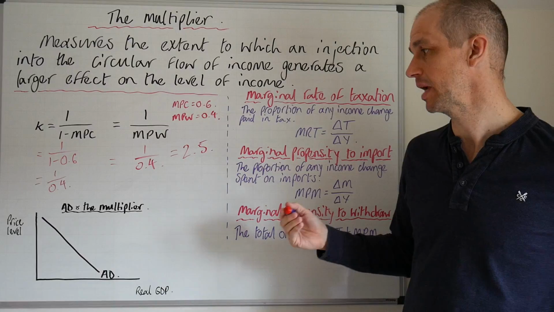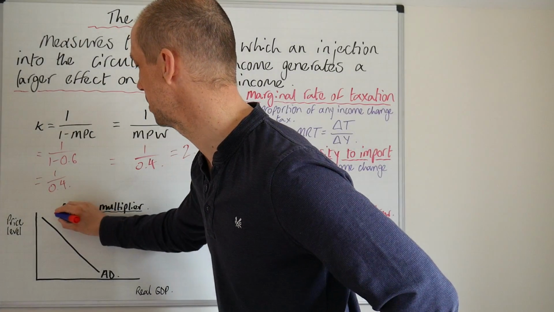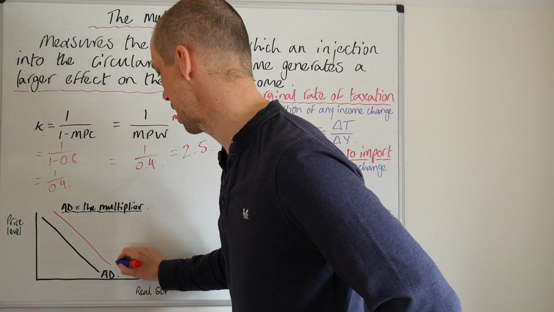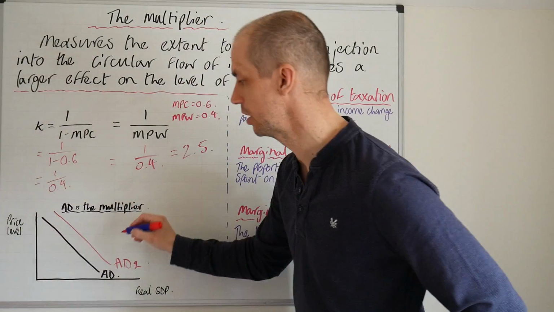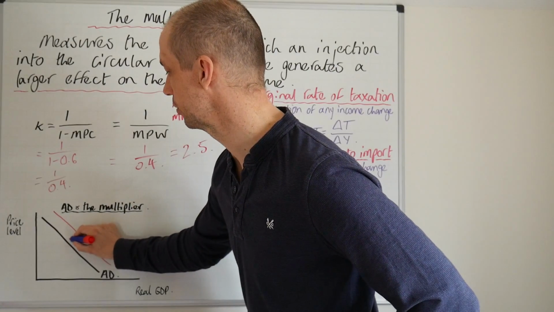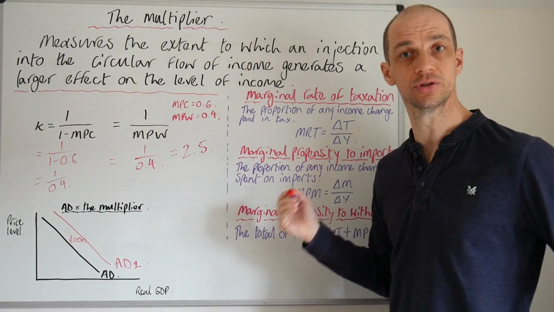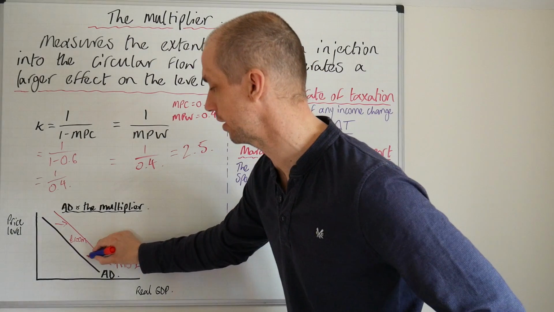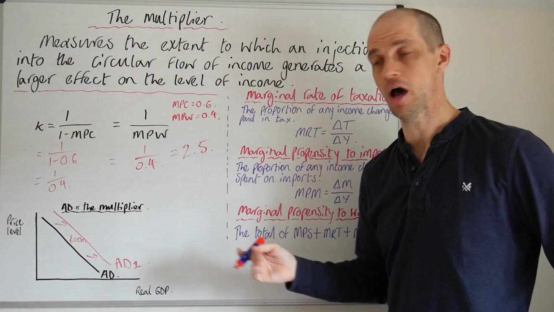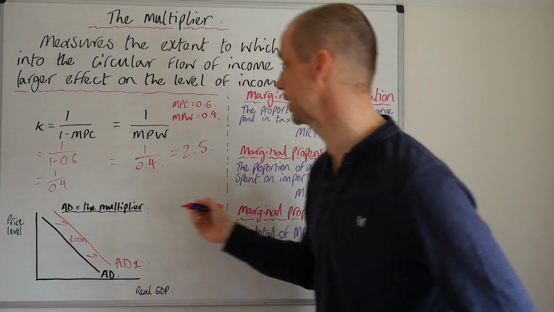Okay, so what does this mean? Well, it means that perhaps we see 100 million in additional investment that's undertaken within the economy. So that's 100 million of injections that have taken place. The aggregate demand curve now shifts out to the right, and aggregate demand for the economy would increase.